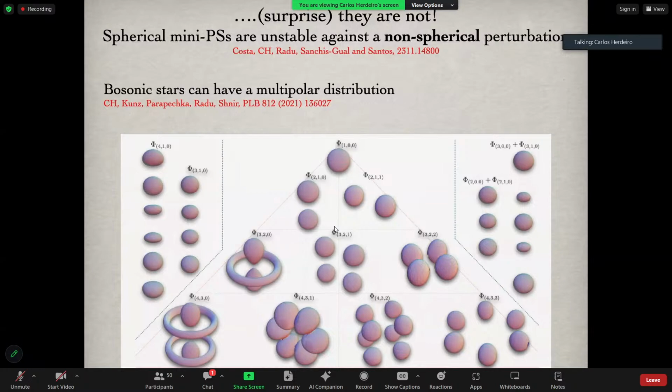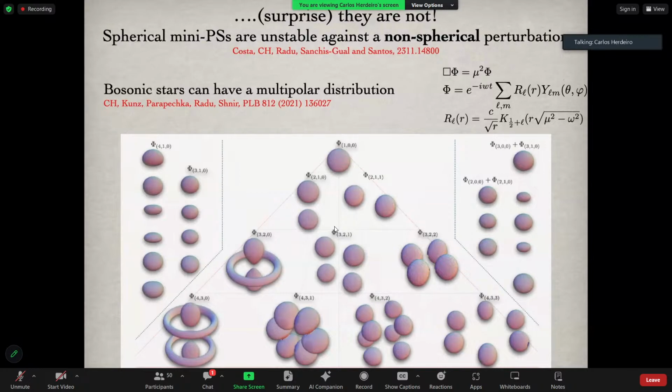Now, the way to think about these solutions could be the following. In flat space-time, the free, massive Klein-Gordon equation admits this type of solution, where there's a harmonic time dependence, Y are the real spherical harmonics, and r is a radial function.